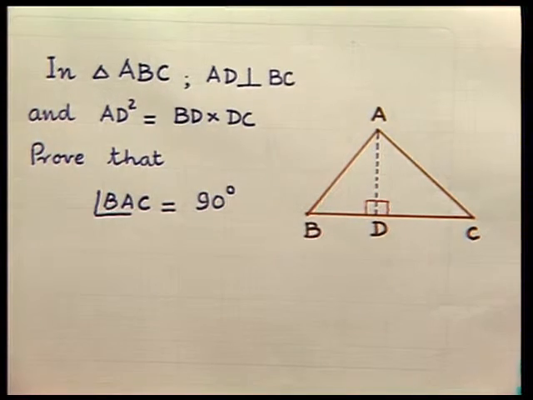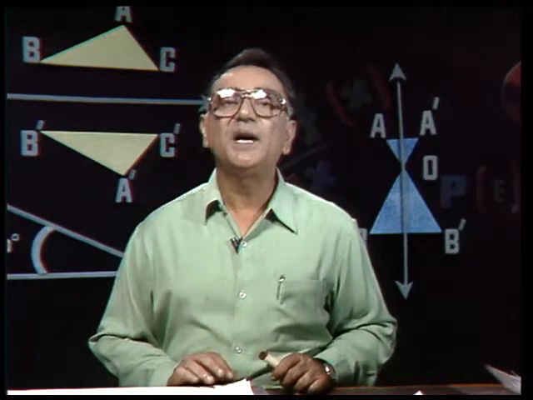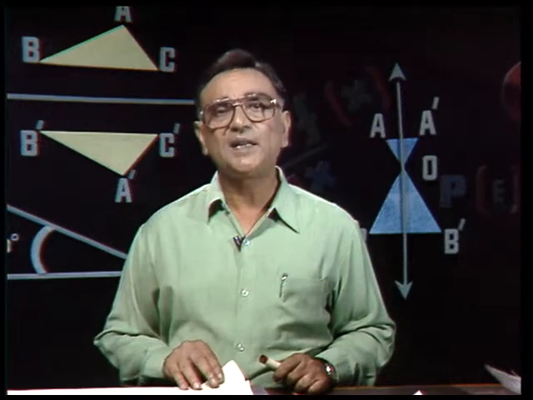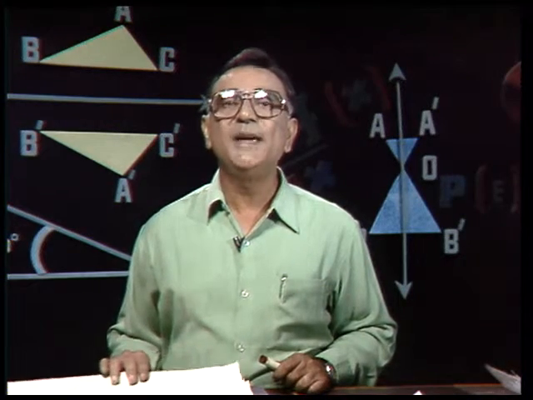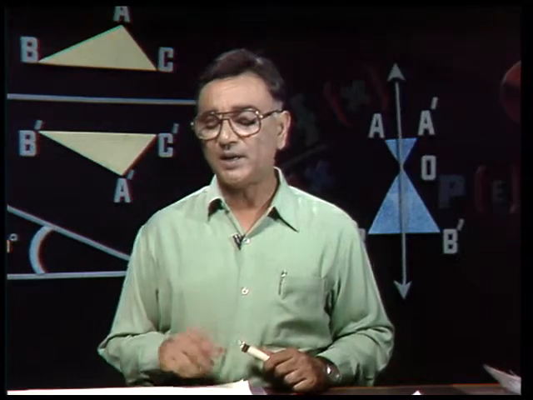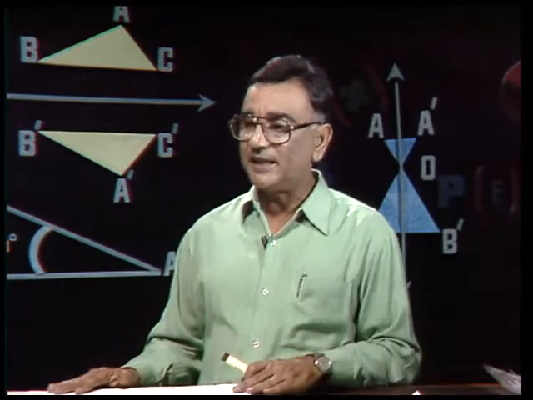Now, to prove this result we will have to make use of another similarity theorem. Let us see which similarity theorem we have to make use of. Here we are already provided that AD squared is equal to BD into DC.